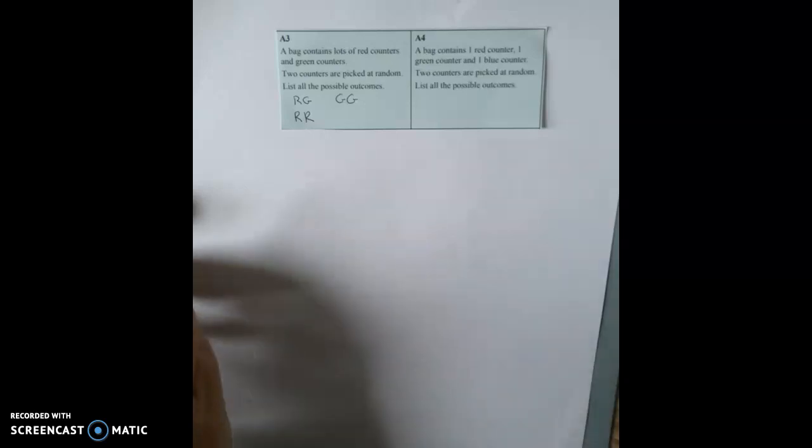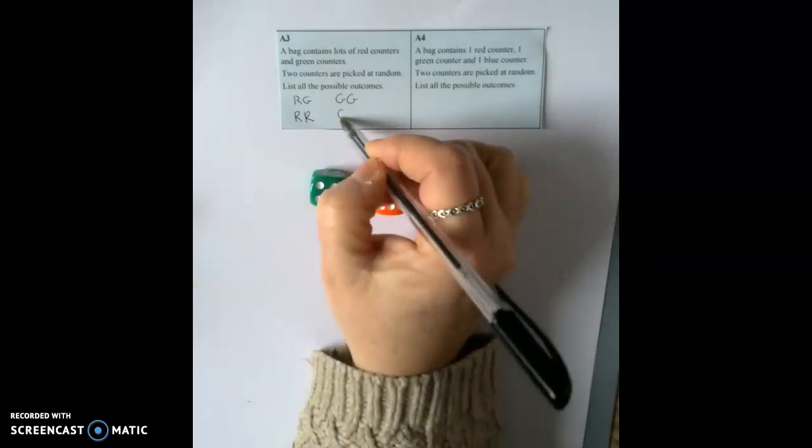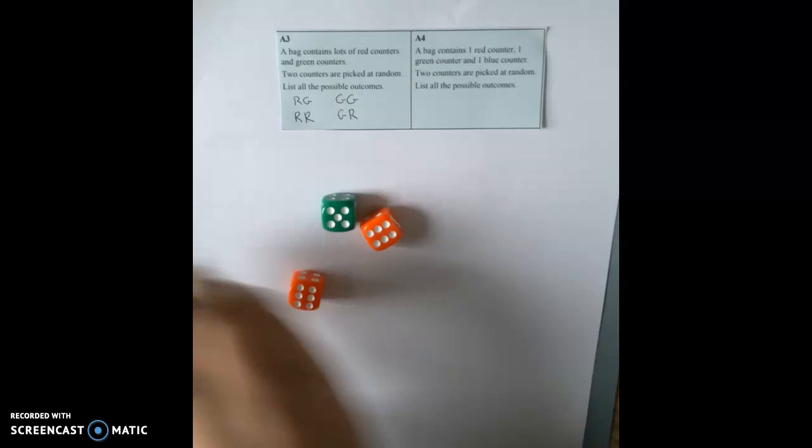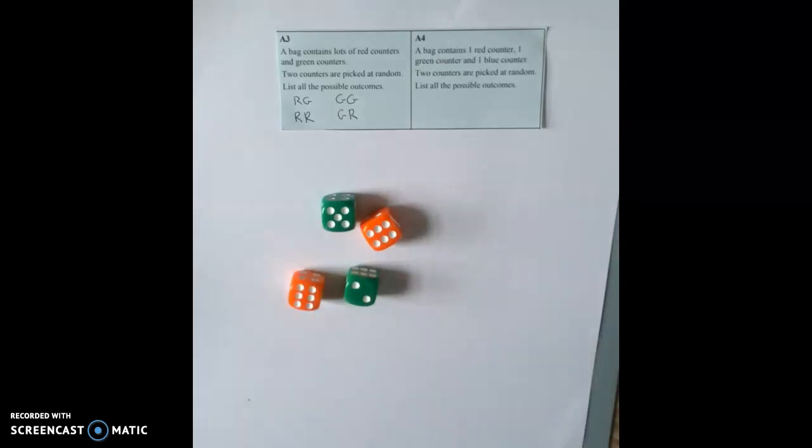What do you think the last one would be that you could pick? Yeah, so we could pick a green and a red one. Now you may think, well, actually we've already picked a red and a green one, so that is the same. But it's not the same because the order is important.